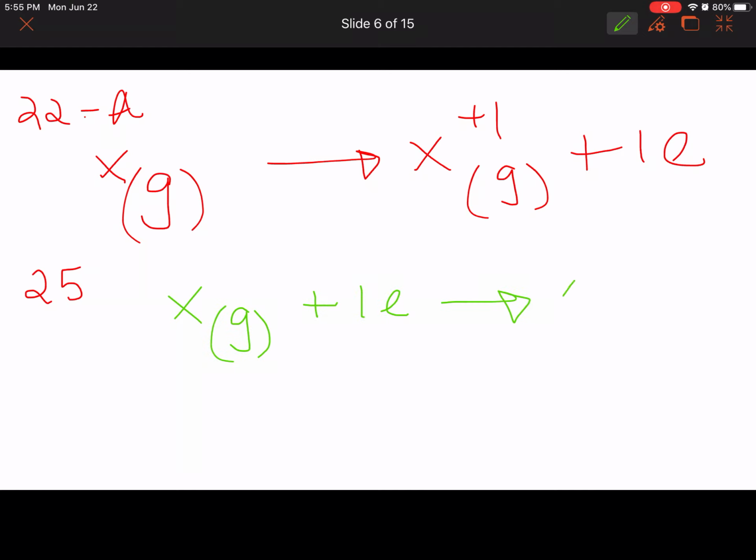When they gain, it forms a negative one charge, a gaseous ion. So X gas takes one electron and becomes X minus. So the correct choice for that is B. 25B.